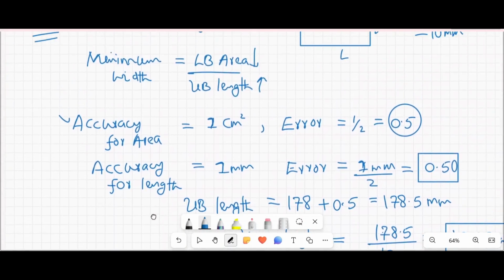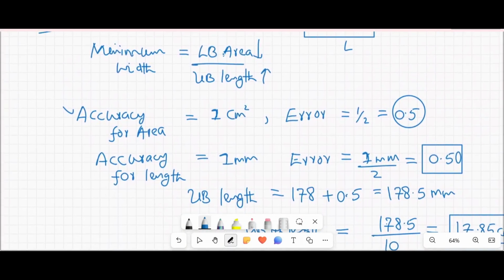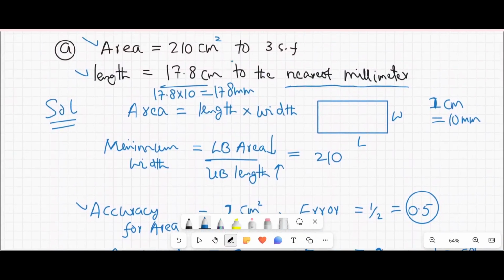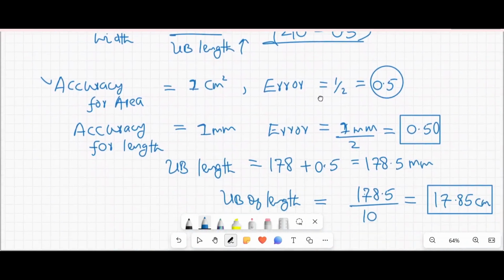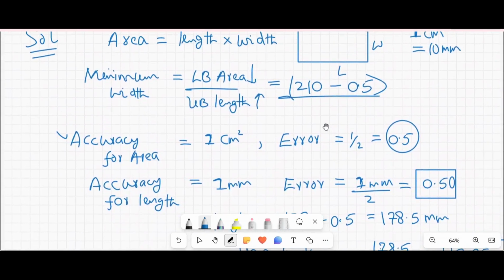So now we will see here the lower bound of an area. So our area is 210. You can see it's 210. So lower bound for this is 210 minus 0.5, divided by the upper bound of a length. So now the upper bound of a length is 17.85.